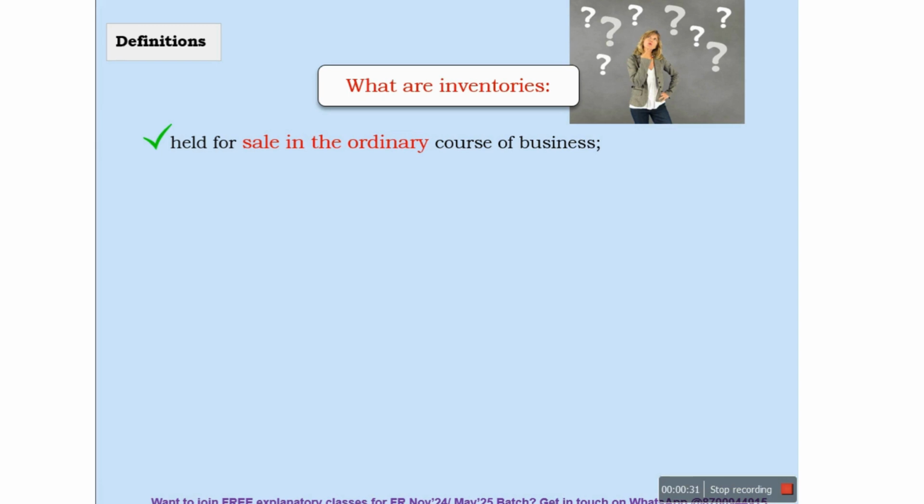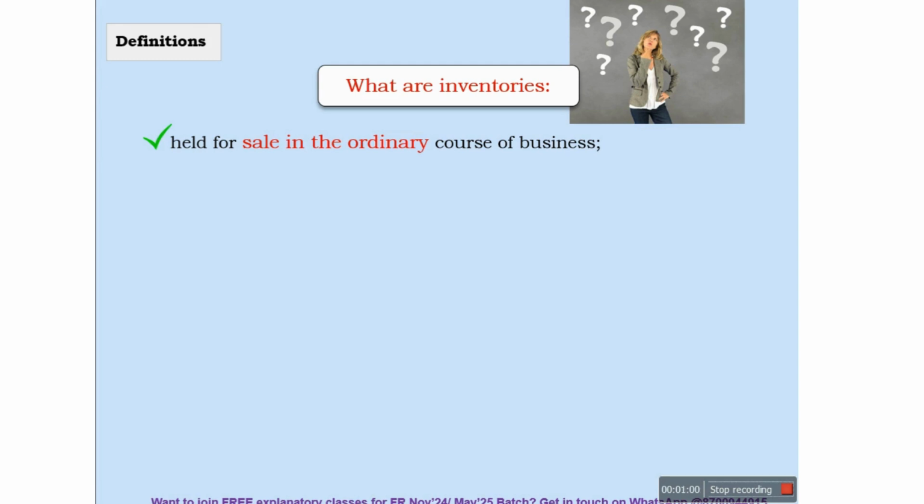But if the entity holds some asset for sale but is not in the business of selling those assets, it will not be classified as inventory. For example, a car manufacturer who is going to sell some of its machines. Those machines are held for sale, but it is not the ordinary course of business of that entity, so they will not be classified as inventories.